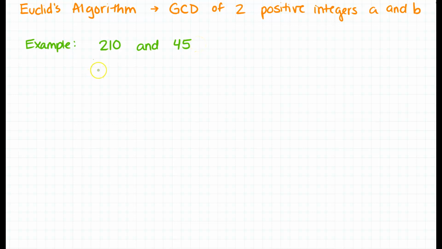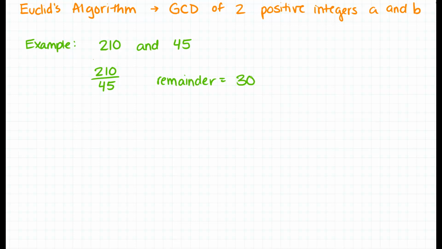So we're going to start and say 210 divided by 45. It's going to be 4.667, so 210 minus 45 times 4. So our remainder here is 30.